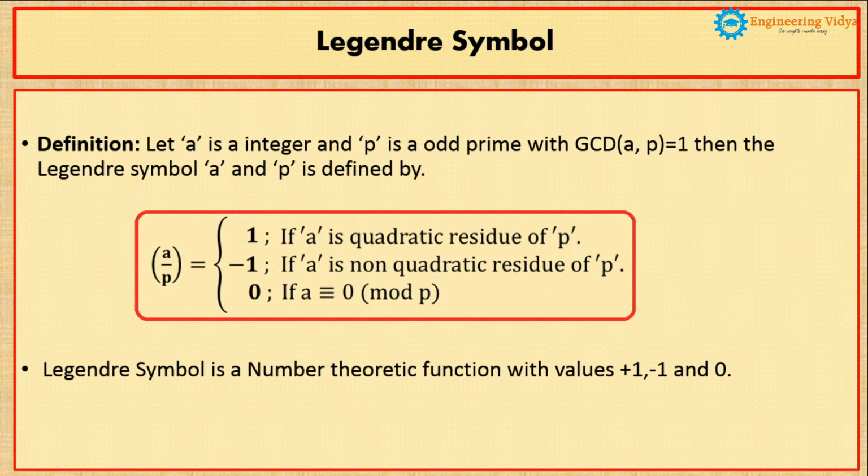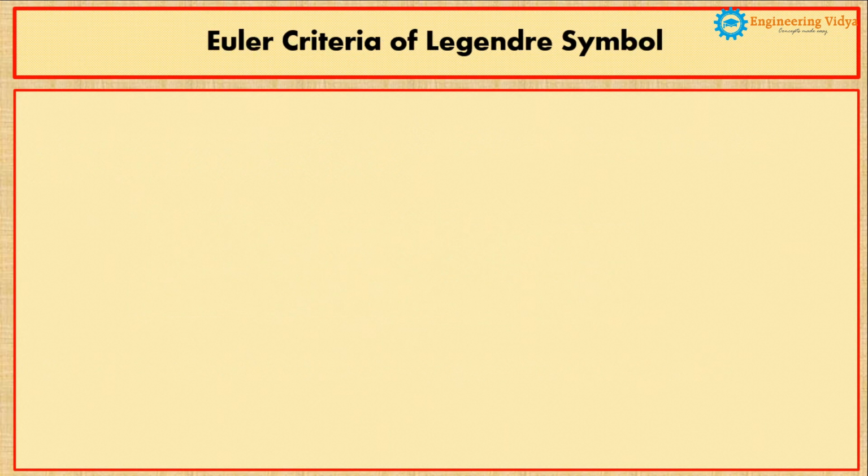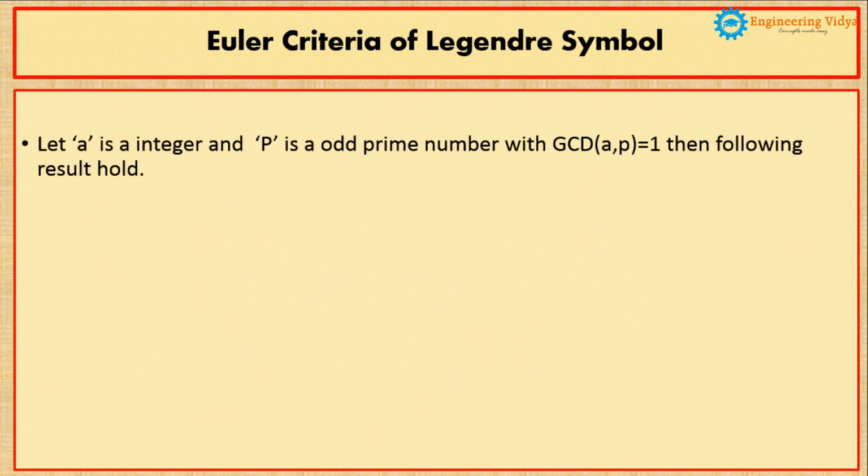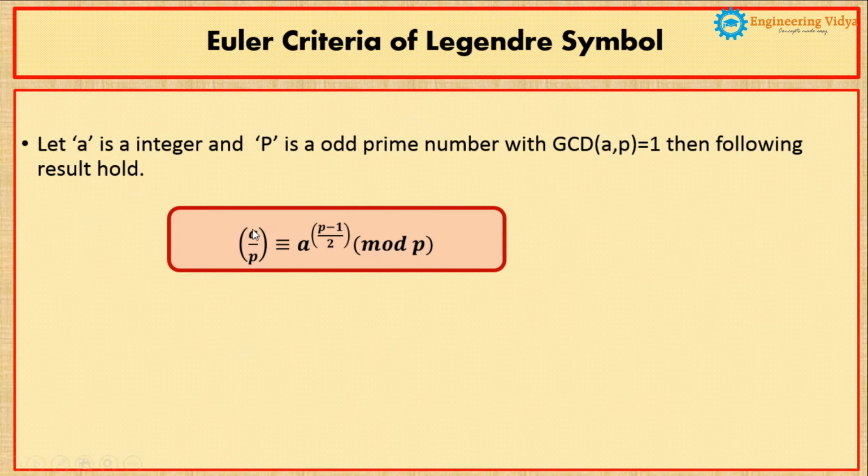Now after that we'll see how the Legendre symbol is to be calculated, right? Euler has given one formula, and with that formula you can calculate the Legendre symbol, and the formula is: Legendre symbol of a and p is congruent to a power of (p minus 1) divided by 2, mod p. This is one of the shortcut methods to calculate the Legendre symbol value. If you don't want to use this formula, then you can apply the method I explained in my previous lecture on how to calculate quadratic residue, right?